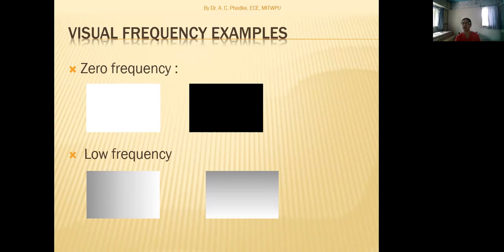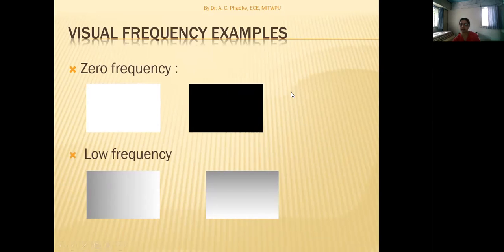It has only the 0 frequency coefficient, and all other frequency coefficients take 0 value because there is no transition from one intensity value to another, and that's why these two images have only the 0 frequency component.